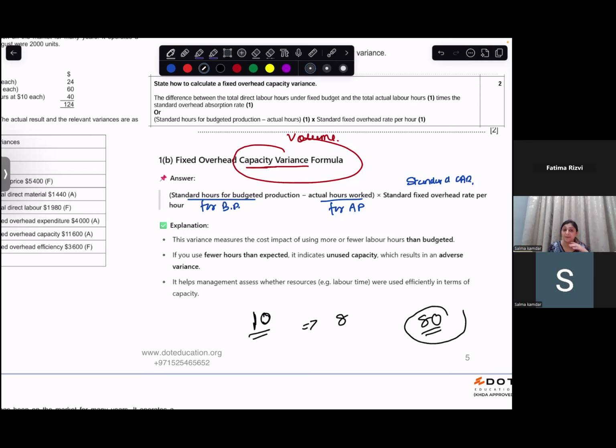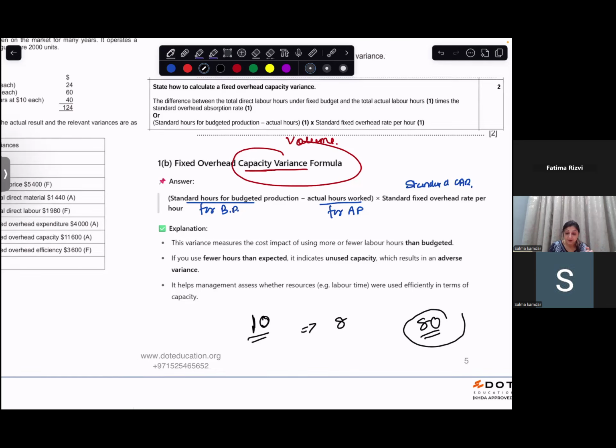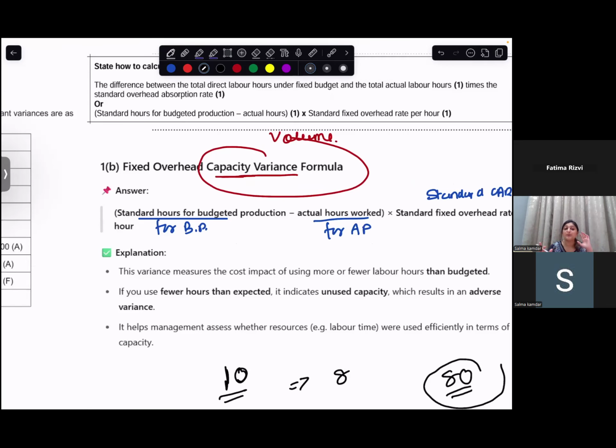In the capacity variance, you take the variance between the standard hours for budgeted production minus actual hours worked, so that you know whether we worked beyond our capacity.